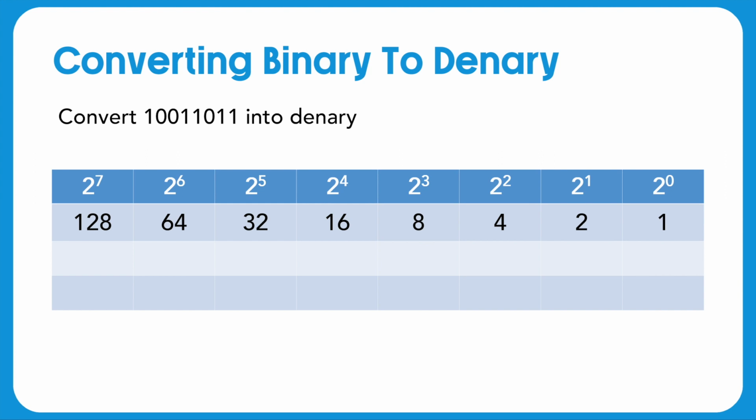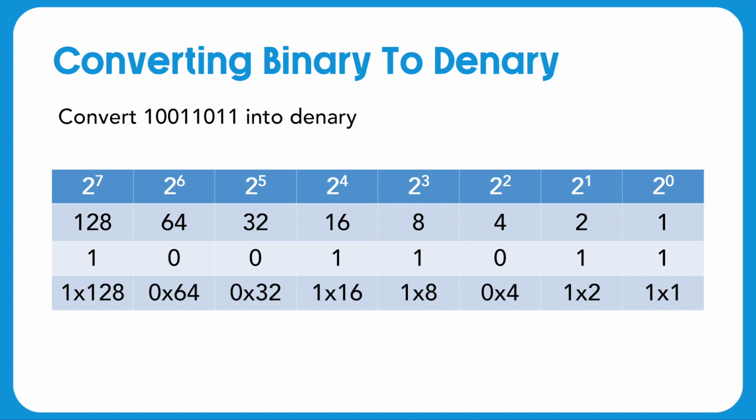We then fill in the binary number we're looking to calculate. So in this case, we have a 1 under the 128 column, a 0 under the 64 and 32 columns, a 1 under the 16 and 8 columns, a 0 under the column 4, and a 1 under the 2 and 1 column. Next, we multiply each binary bit number with the denary number that it represents.